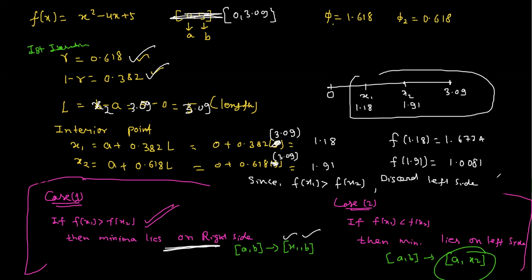What will the new interval be? 1.18 to 3.09. Understood? So in the third iteration, you will take from 1.18 to 3.09 and repeat this procedure. Understood?